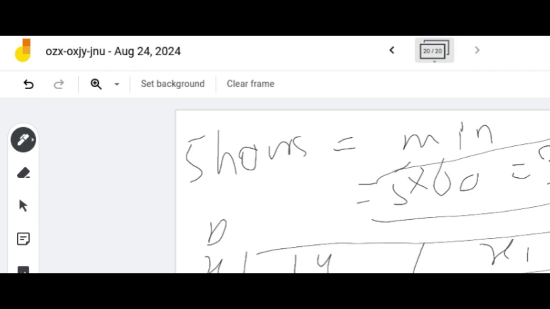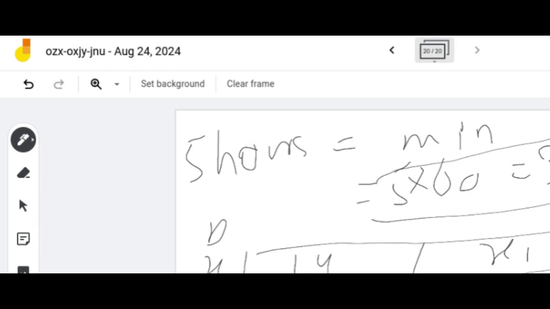Then x by y equals x1 by y1. Here x is 14 and y is 25. So 14 by 25 equals x1 by 300, cross multiplication.